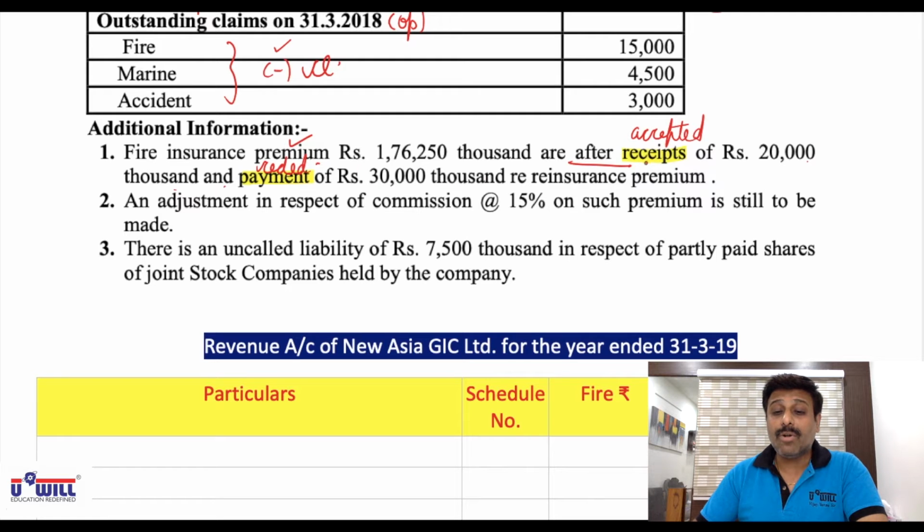So whatever amount we have received is accepted in reinsurance and whatever amount we have paid is ceded in reinsurance. Now the premium is already after including this 20,000 of accepted and 30,000 of reinsurance premium ceded. So no effect is to be given because it is already after including these two amounts.